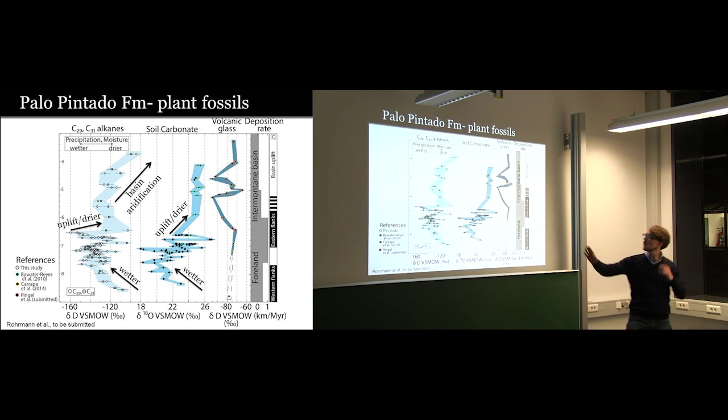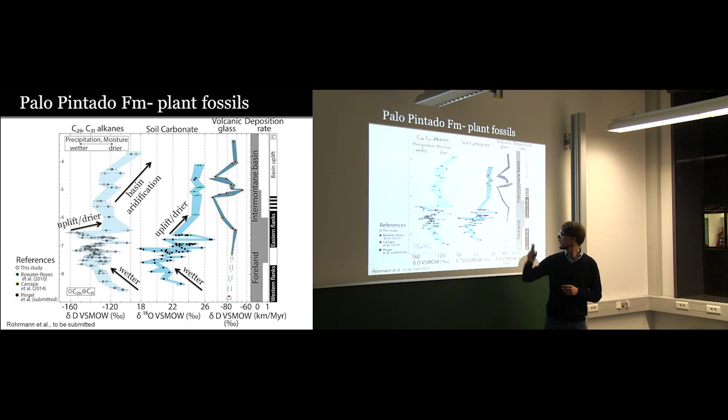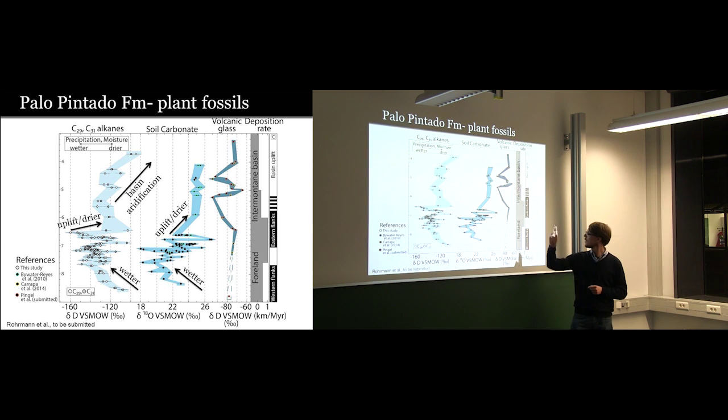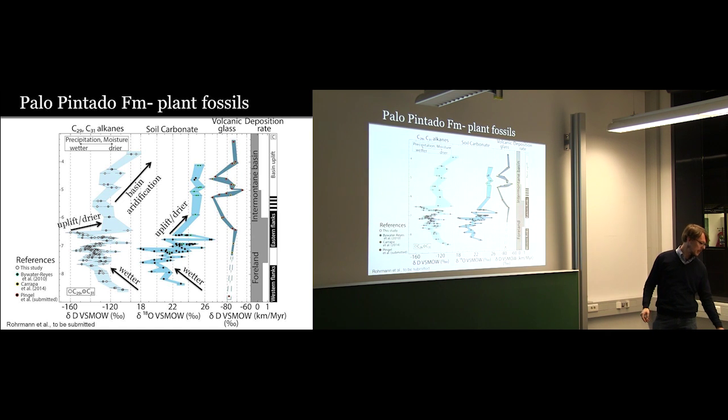On the left you have your lipids, in the middle you have your carbonates, and here is your volcanic glass. This we ignore at the moment because it's already the interpretation, but if you'd like to look at it, you can do so. In general, you see several trends.